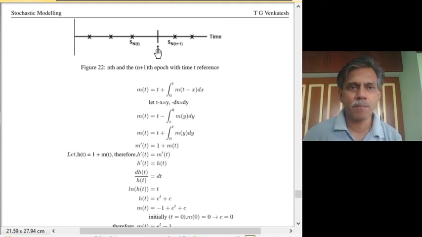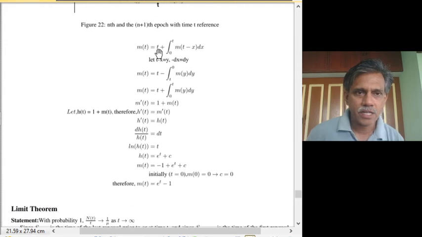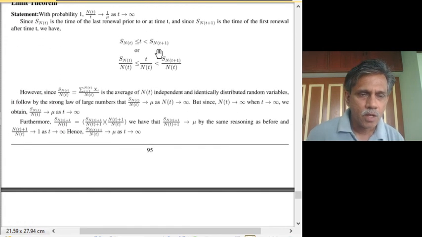So this is an important relationship we have. t lies between S of N of t and S of N of t plus 1. That is the most important one.